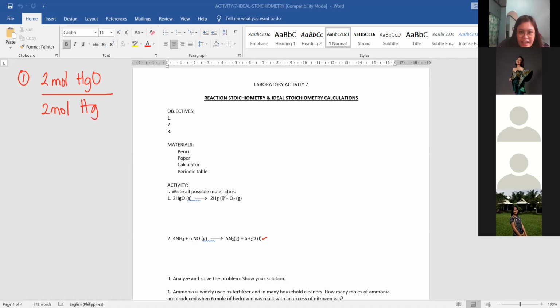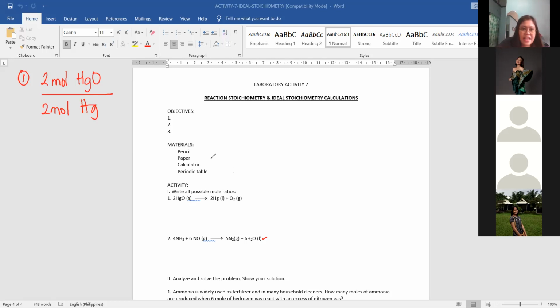So this is not I ha, it's L, which means liquid. So S is solid, and then L is liquid, G is gas. So kasi sa equation natin, if you have 2 molecules of a solid mercuric oxide, when it decomposes, it will yield a liquid na mercury and a gas na oxygen.